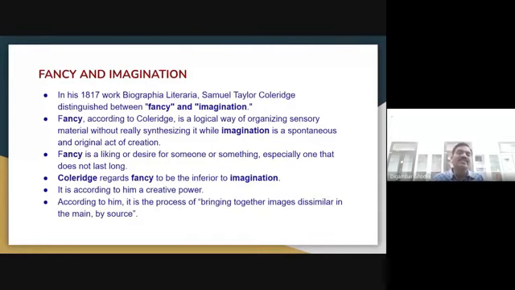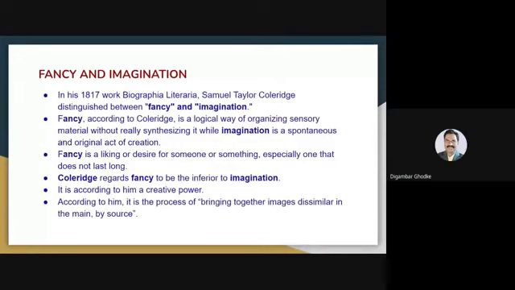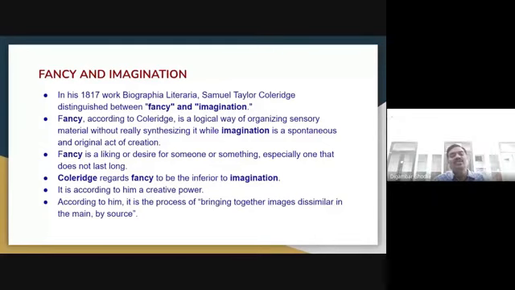In the same manner, fancy organizes whatever you receive through your senses, by using your sense organs. But what is missing in this process? The process of synthesis. Synthesis means what? Combining it together and making it one. And this process is missing in fancy.